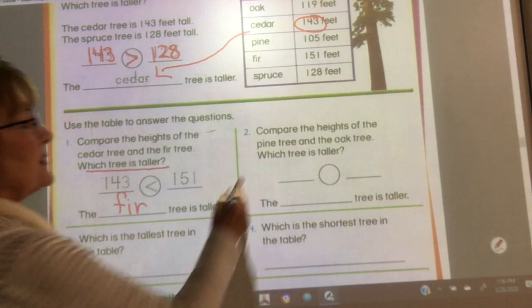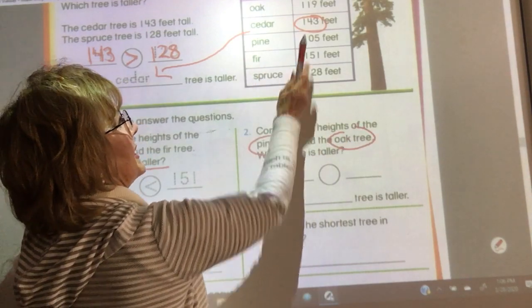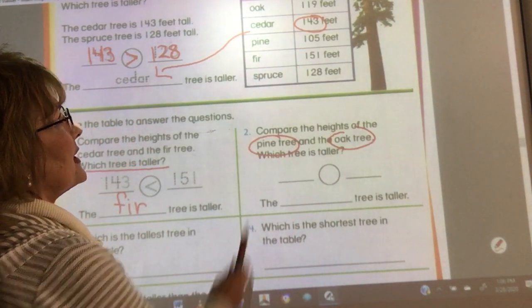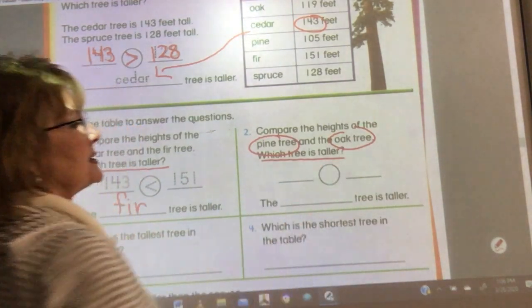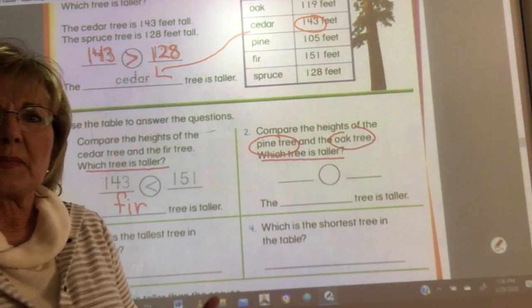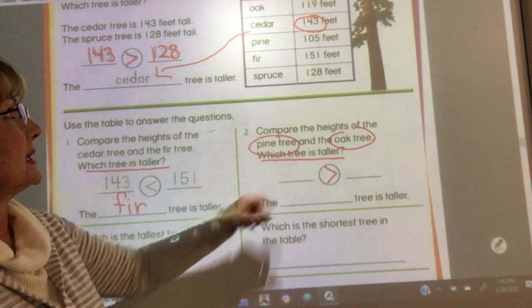And then you're comparing the heights of the pine and the oak. So the pine is 105 feet, the oak is 119. They want to know which one's taller, so maybe you should start with putting the greater one here.